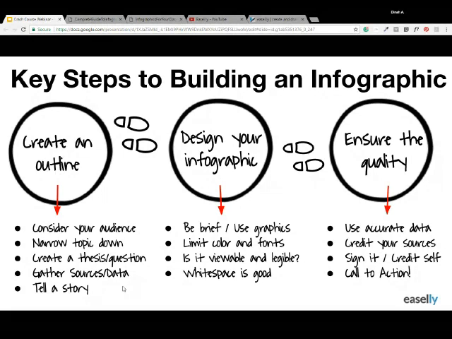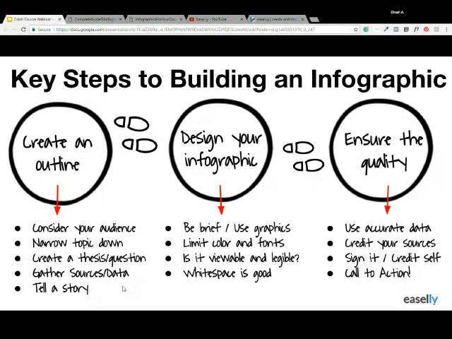Now, when you're designing your infographic, again, be brief. Use as many graphics for the key words, key ideas, main ideas in your infographic. You're going to want to limit your color and your fonts, and you don't want to make it too overwhelming with too many colors and too many fonts. Really, 2 to 3 colors and fonts is more than enough.